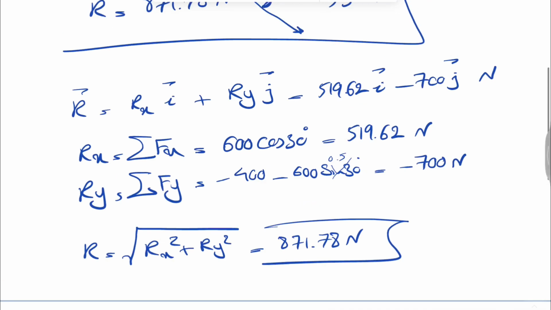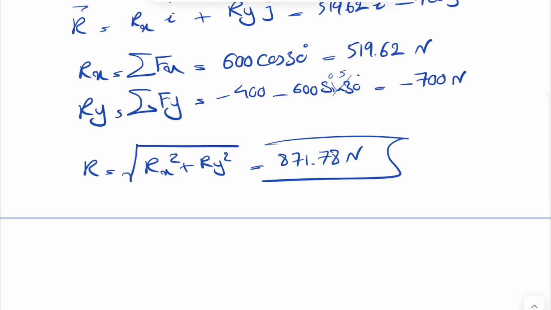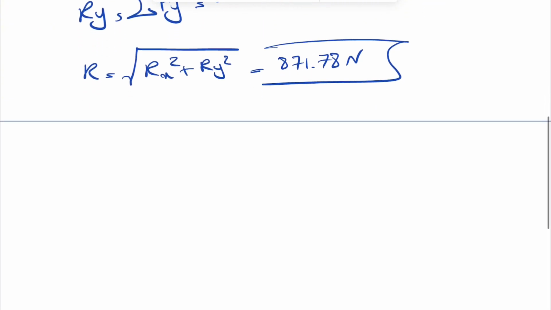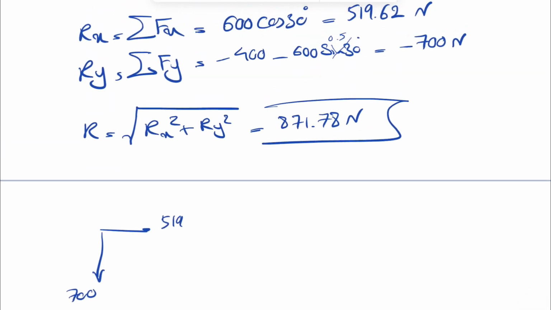We can double check this with what we found in the previous method, which is exactly the same. And also, if we want to find the angle with the x-axis, we found 700 for y and 519.62 for x. That's our R.